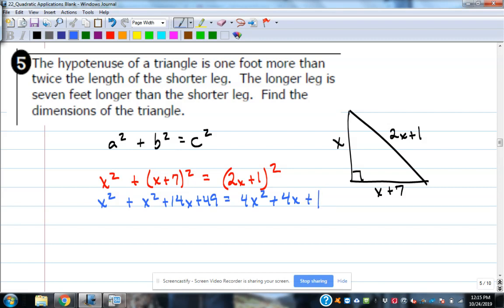All right, now what? Combine like terms, that's a good idea. 2x squared plus 14x plus 49. Now what? Subtract what? Okay, I can move terms to either side, but I want to get it equal to 0.